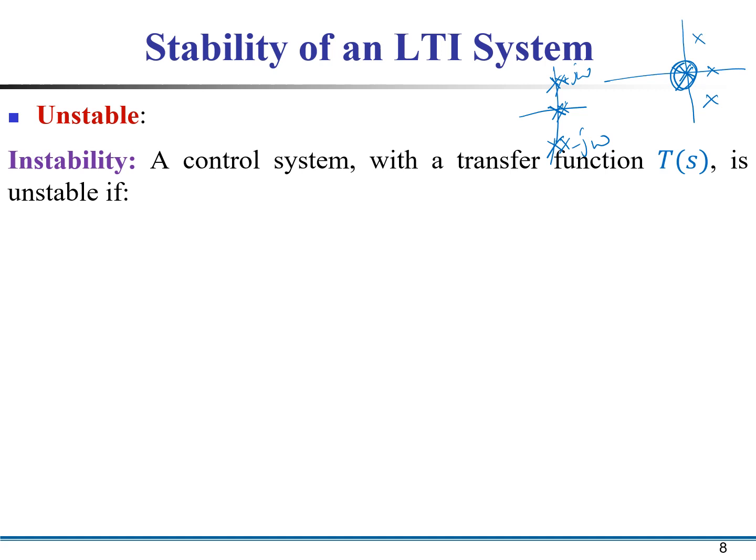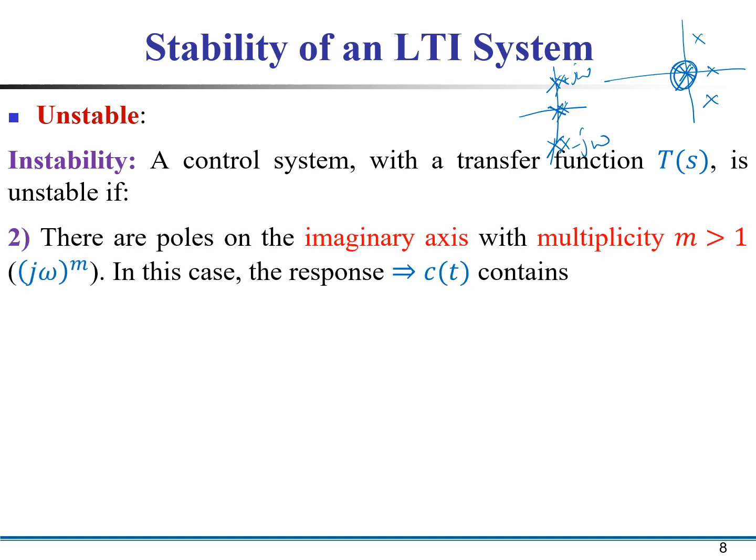So this is what we discuss in this section, that if there are repeated poles on the imaginary axis, then the system response will approach infinity as the time approaches infinity, and the natural response of the system will approach infinity, and this means the system is unstable.